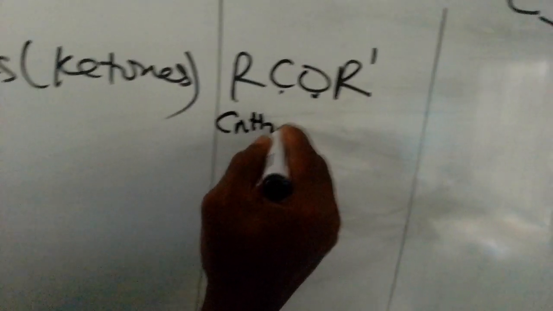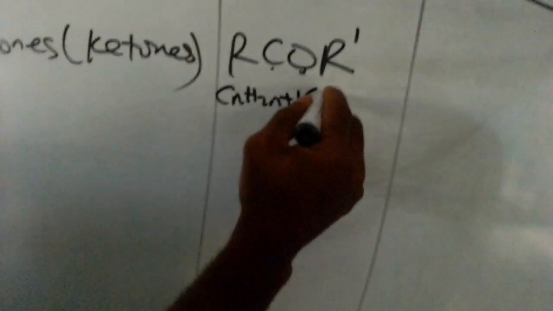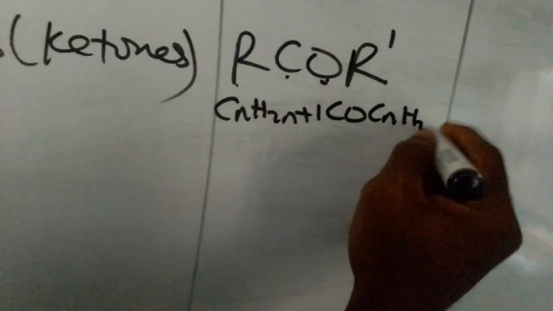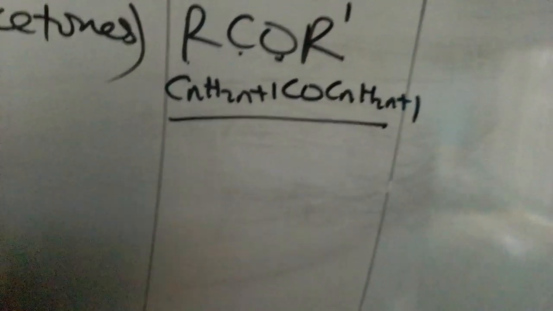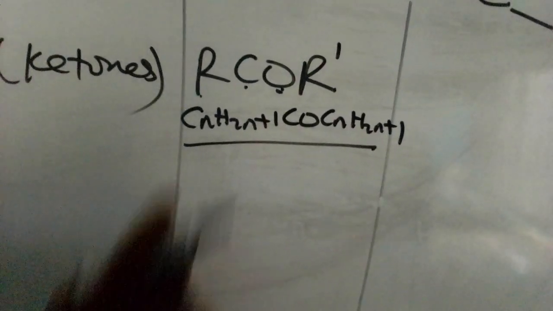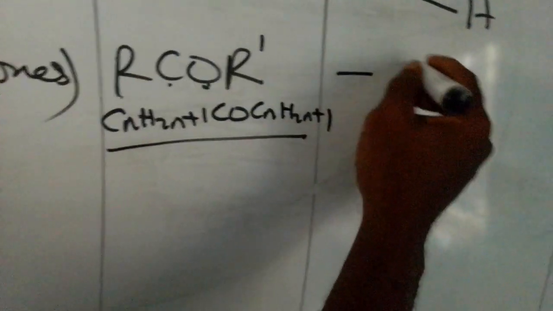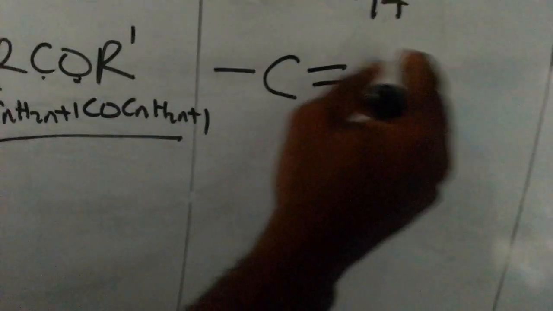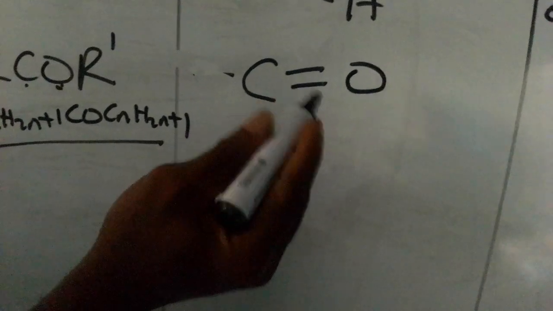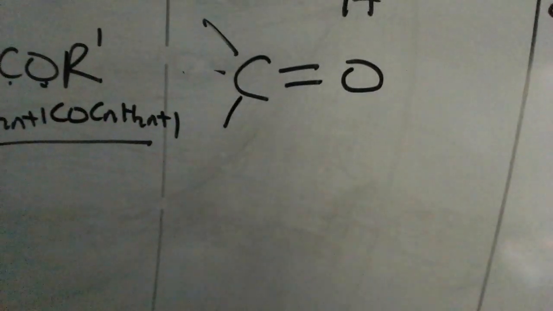Alkanones, or you can write the formula as CnH2n+1 CO CnH2n+1. The functional group is the carbonyl group, just carbon and oxygen. So the carbonyl group is the functional group of this.